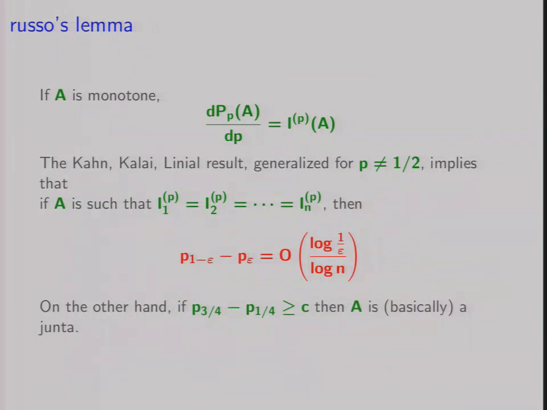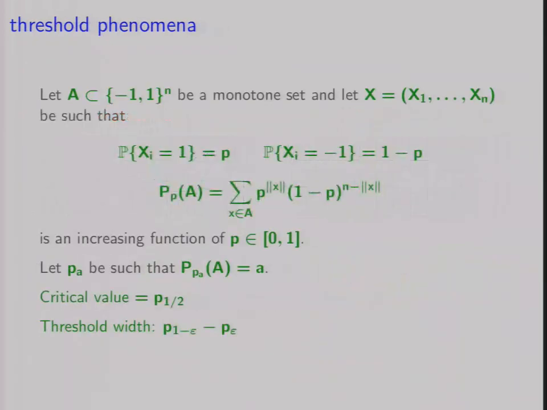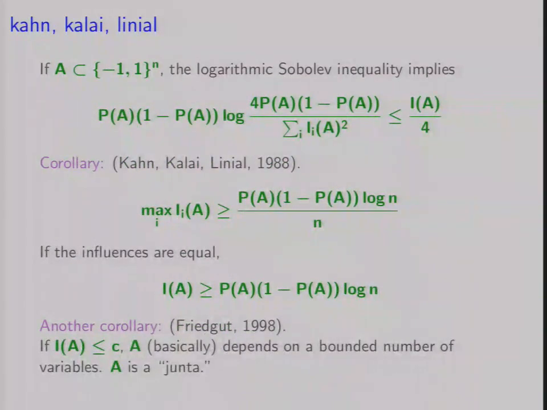Okay, so let's see. But we have some results about the influence. This is the Kahn-Kalai-Linial result. It says that when the probability of the set is a constant, then this influence is large. So what does this mean? It means that the derivative of this curve is large whenever we are near the critical value.